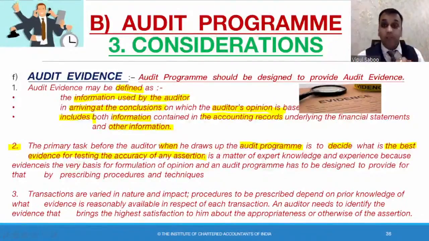The first assertion was existence of that asset. Second was rights and obligations with respect to that asset. Do we have a right over those assets? Do we have any obligations towards those assets? Suppose the fleet of vehicles was purchased out of own funds of the hotel. So only rights attached, no obligations. But if they were financed by a finance company, they would have been placed under hypothecation. The finance company would have hypothecated those.